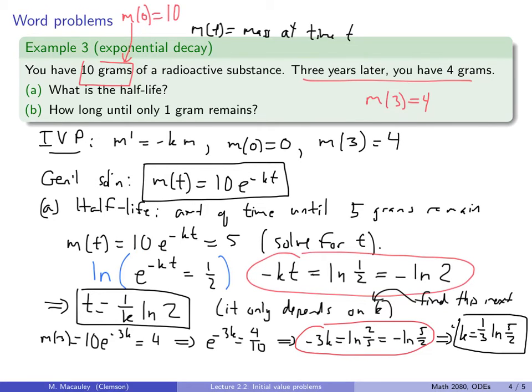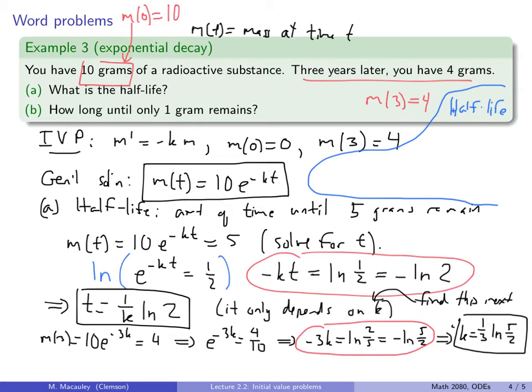So the half-life, now I'm running out of room, so let me put up some space here. Well, we already found the half-life, but now we actually know what k is.